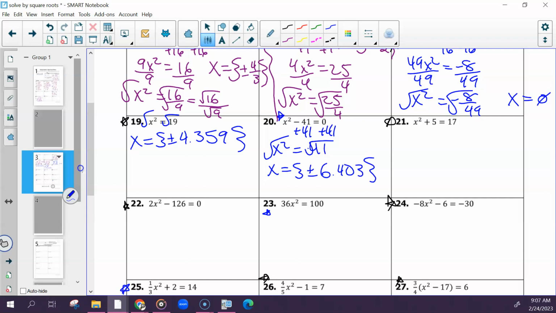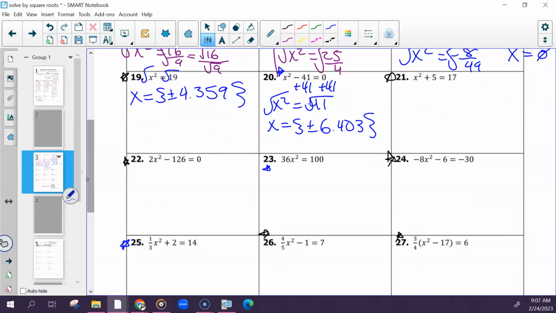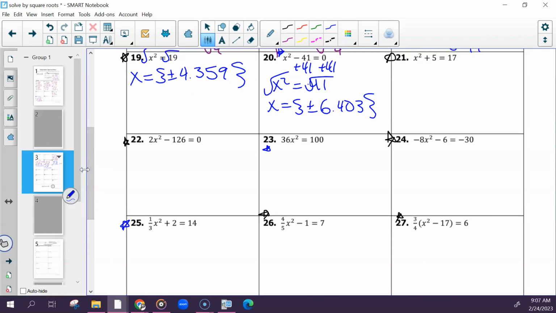We'll do one more like that, and then any others you want to see you go over. So let's do 22. Add 1.6 to both sides. Divide both sides by 2. What would that give us? 63.